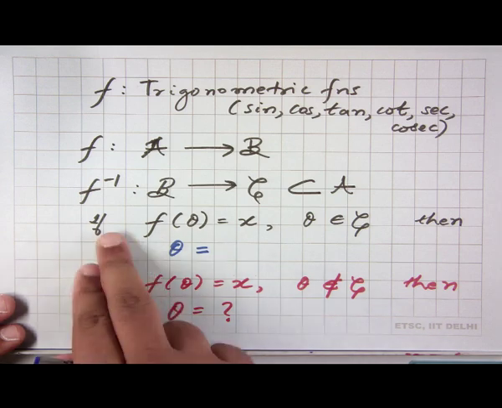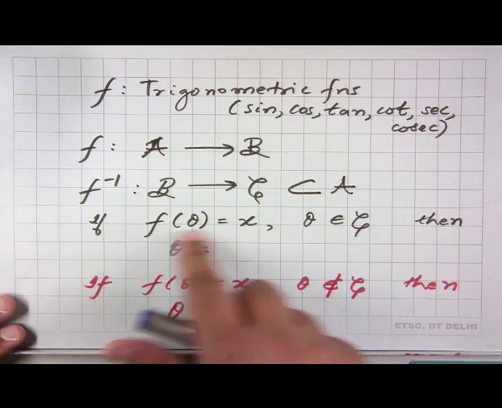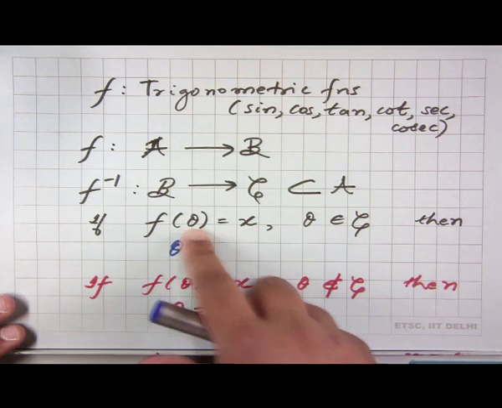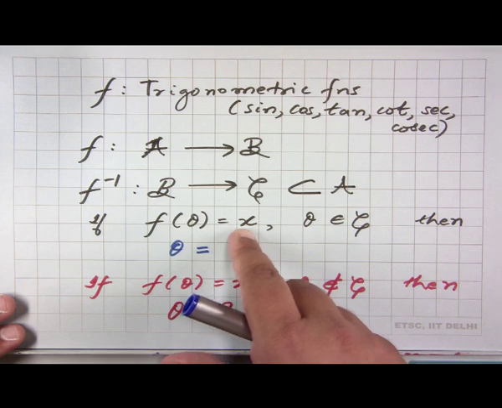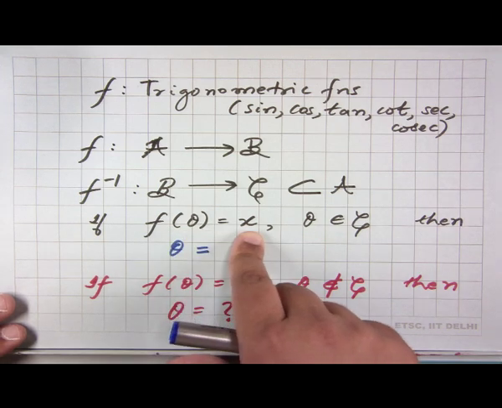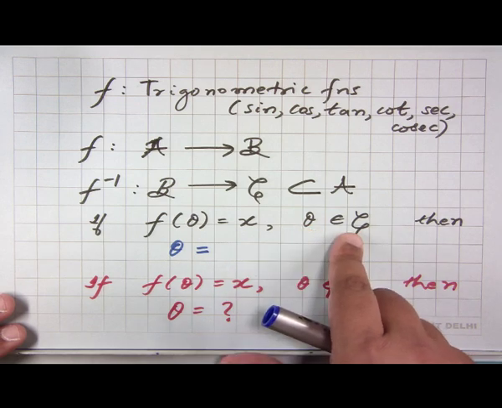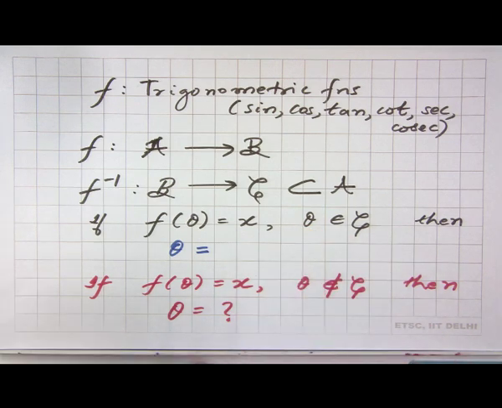So, the general problem is that, suppose we have to solve this equation where we have to find theta. The value of x is given and we have to find theta such that f of theta equals x. Now, if we are already told that theta belongs to the range set of f inverse, then the solution is very easy.